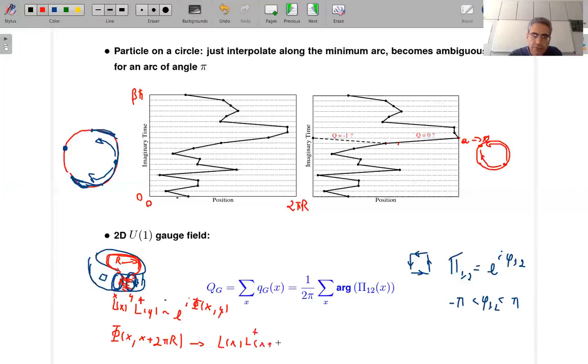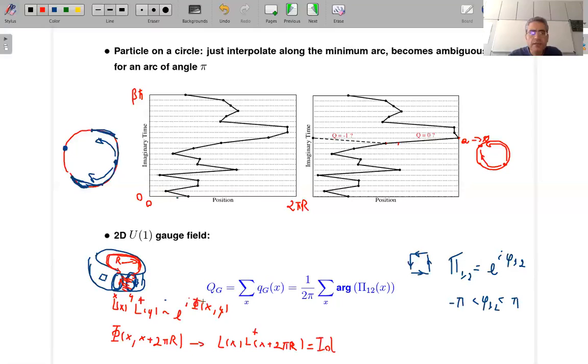But by definition, L dagger at x plus 2 pi r is the same as x because we are going back. So this is the identity, by periodic boundary conditions around the torus.